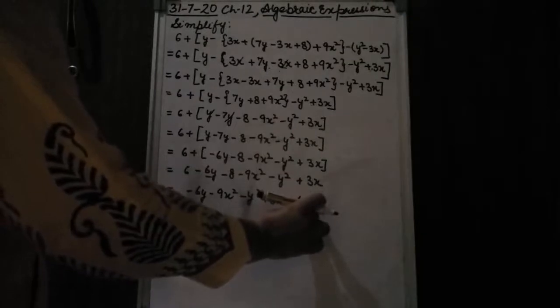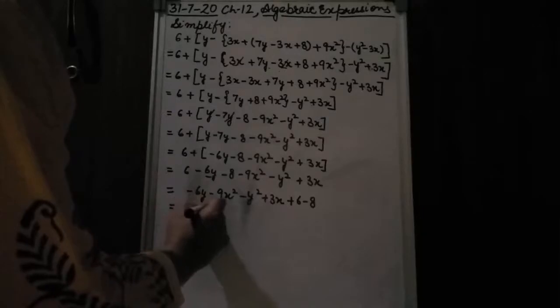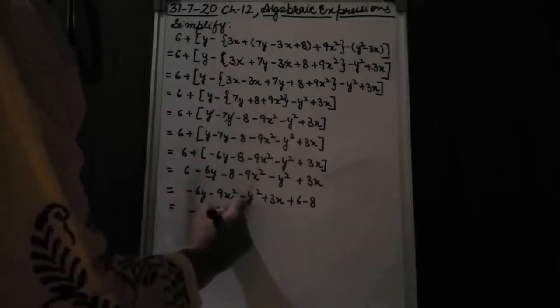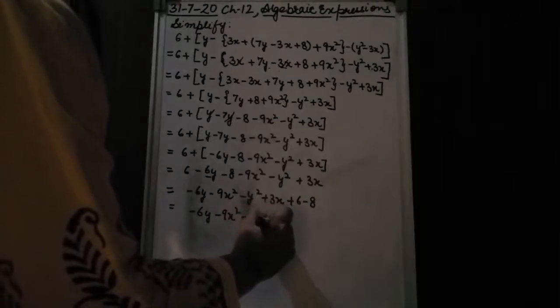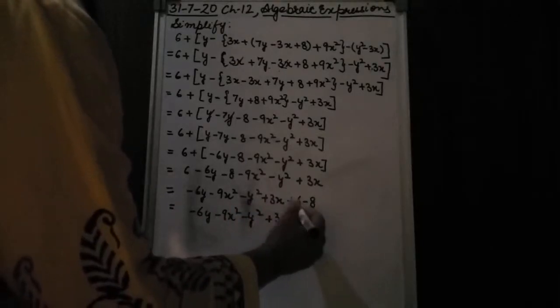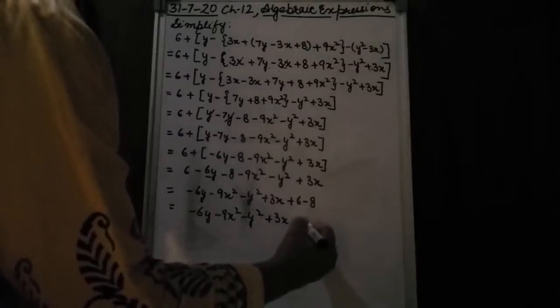Why have I written these? Because these are the terms without variable, these are the constants, and I told you the constants are to be written at the end. So minus 6y minus 9x square minus y square plus 3x, and minus 8 plus 6, minus 2.